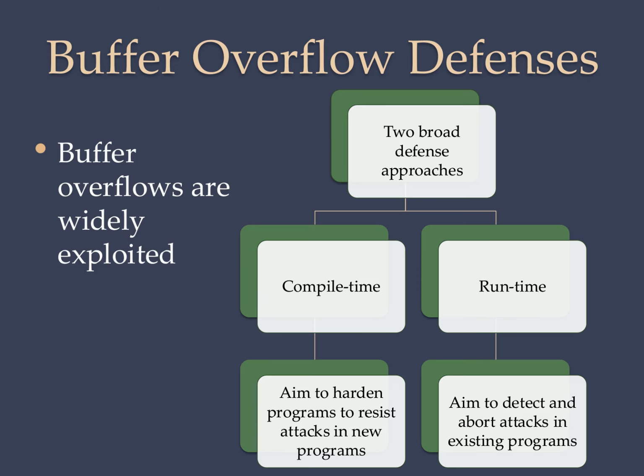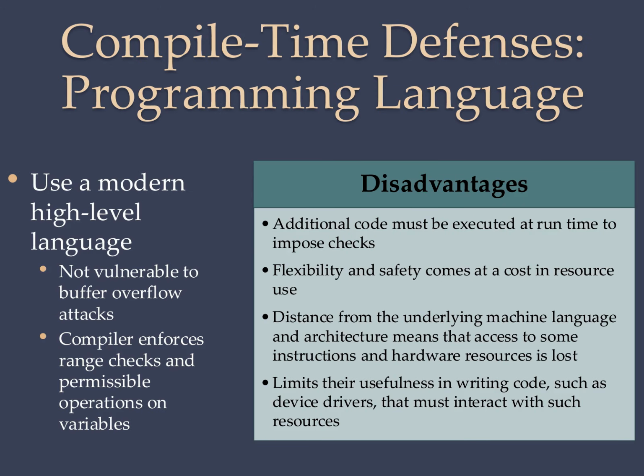So I have already talked about these buffer overflow defenses, the compile-time and runtime defenses. Compile-time defenses are done with programming language flags, by providing some special flags to the compiler so that you have a mitigation. It's not prevention.